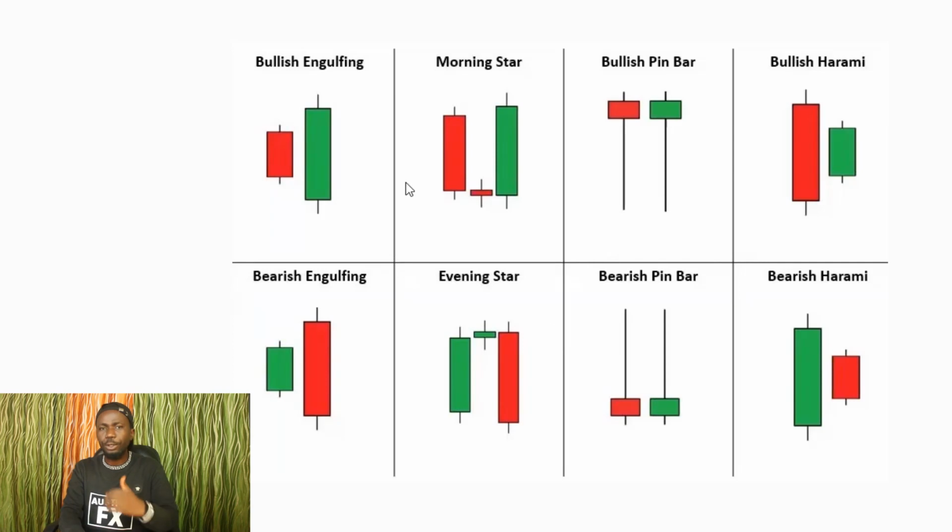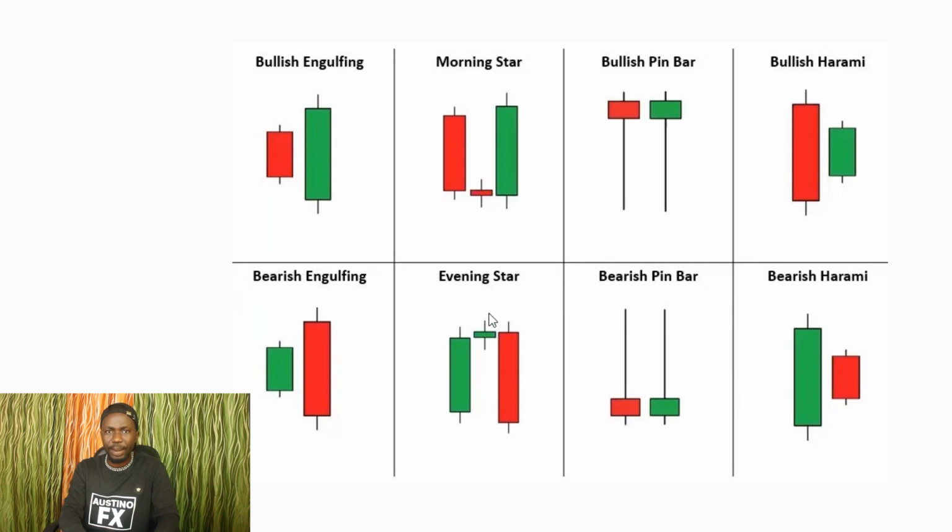So now I'm going to go straight to the candlestick patterns so that I will explain them one after the other for you to understand how it works. There are so many candlestick patterns, but I'm just going to list only 8: 4 bullish and 4 bearish.